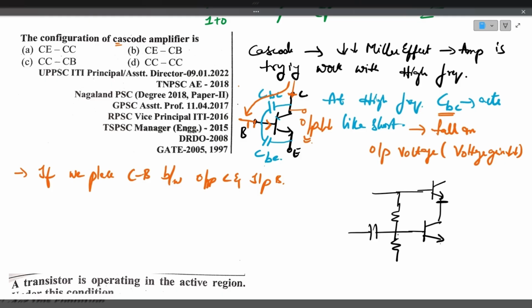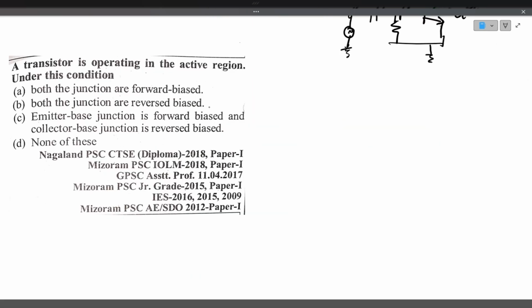So between the collector and base of the common emitter configuration, you are putting a common base. So the input stage is a CE stage, the output stage is a CB stage. This is a cascode amplifier. Answer is option B. We'll see the next question.